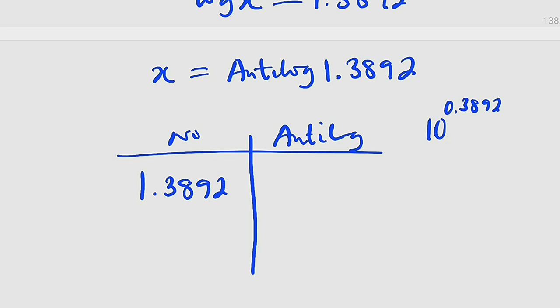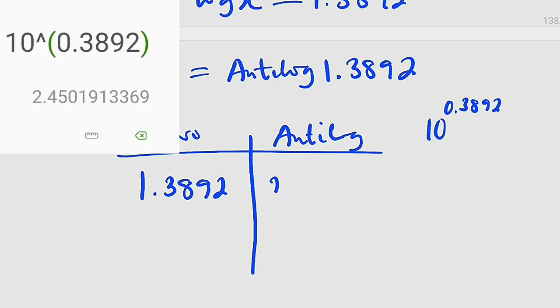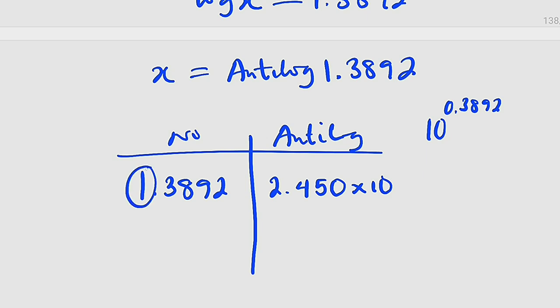We only need the first 4 digits. This is 2.450 because we need the first 4 digits. Then multiplied by 10 raised to the power of this 1. If it is 2, raised to the power of 2, but since it is 1, raised to the power of 1. And this 10 to the power of 1 is still 10, and 10 multiplied by this number will shift the decimal point forward once. So it becomes what?